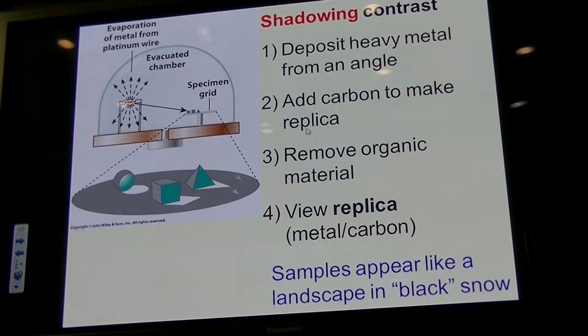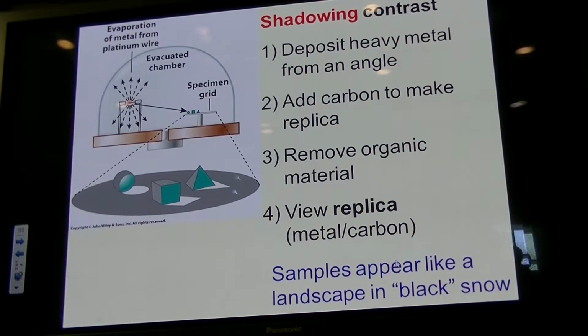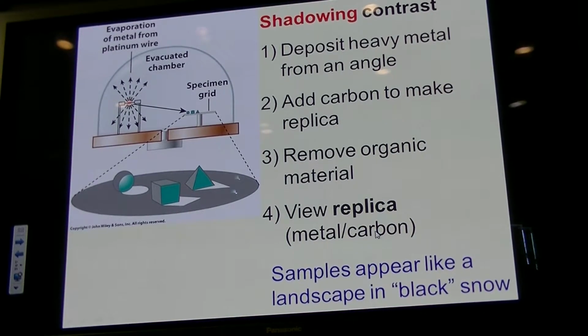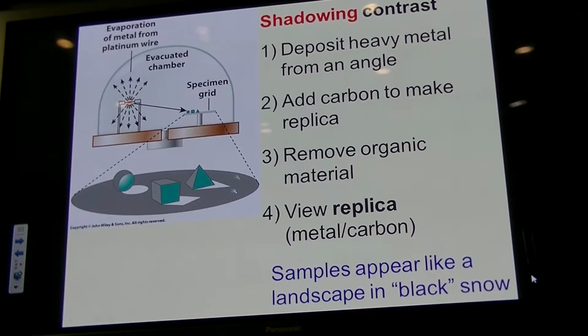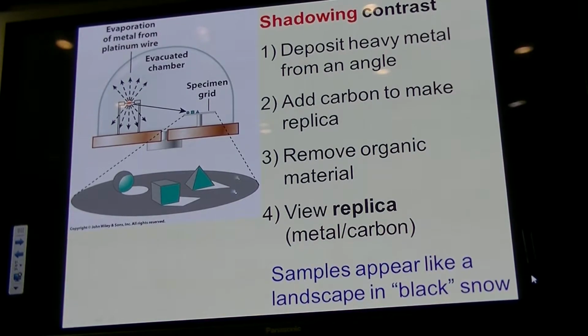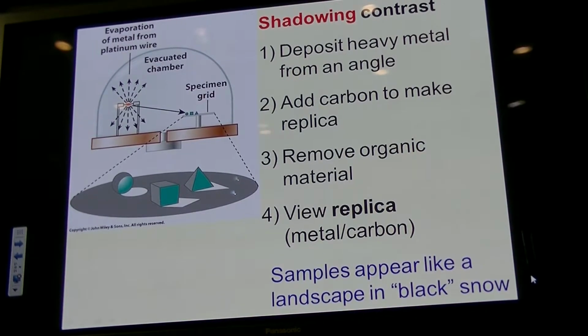So then we can remove the organic material, and we are stuck with a replica, which is a shadowing image, and we view that directly in the transmission EM. And I like to say that these samples appear as if you have a landscape where you might be flying over, and it has been snowing from an angle, but the snow is black.